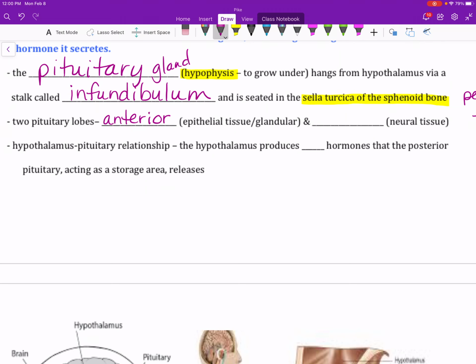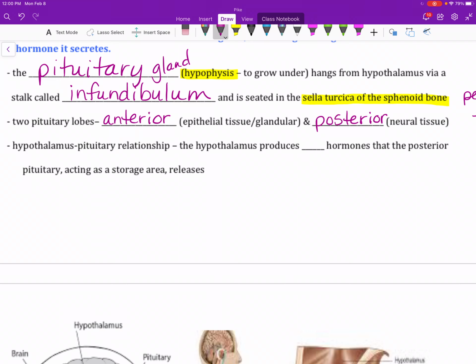The back lobe is called the posterior pituitary, and it's made up of a different type of tissue. It is actually made of neural tissue, so it is very similar to the hypothalamus. The hypothalamus in your brain, during development, pulls down to form the posterior pituitary.